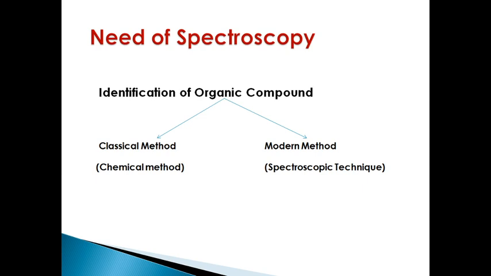Before going into detail about spectroscopy, let us know what is the need for spectroscopy. Spectroscopy is used for the identification of an organic compound.